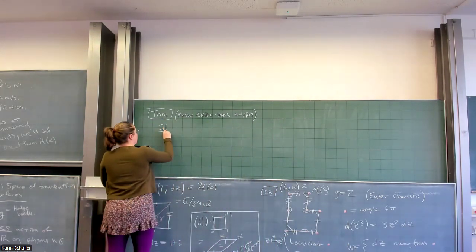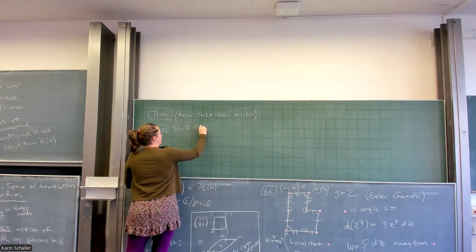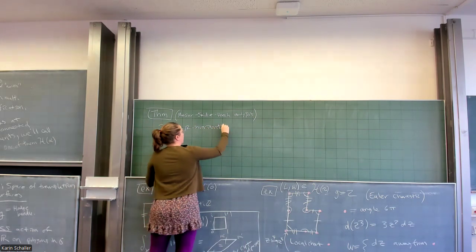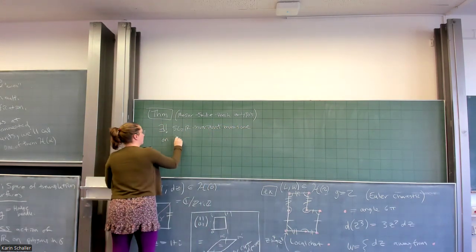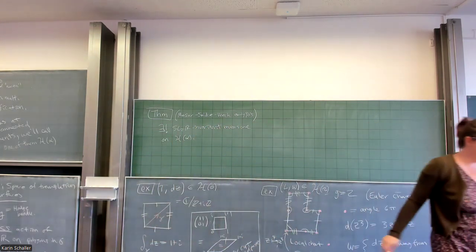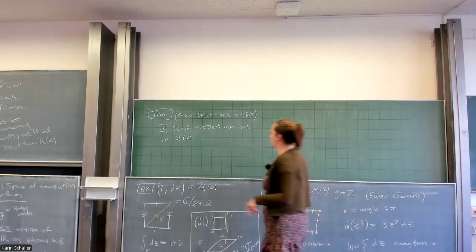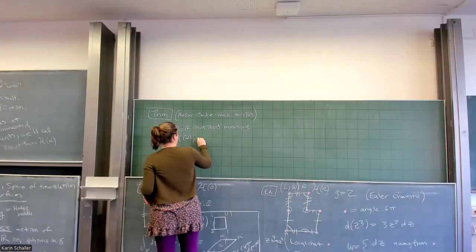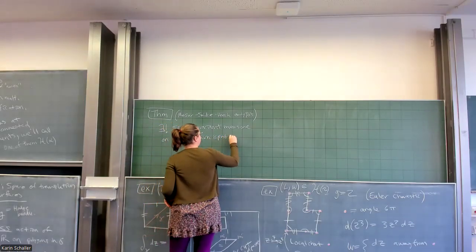They said, okay, there exists a unique SL2R invariant measure on H of alpha. So they construct this measure, an SL2R invariant measure, which is a probability measure.